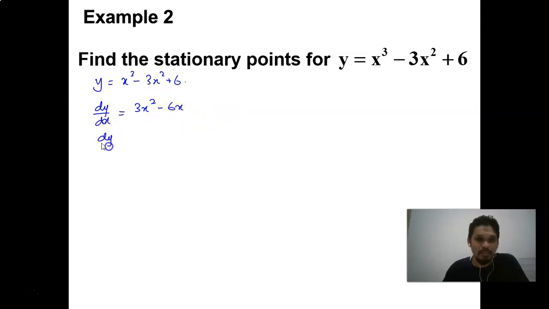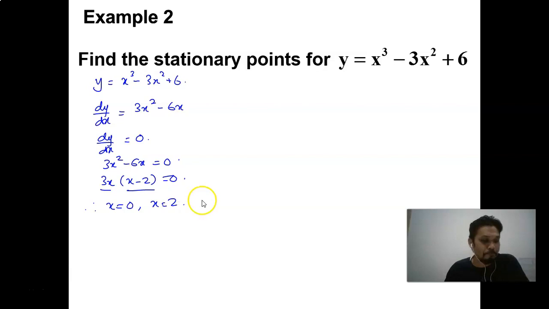Let's make dy/dx equal to 0. 3x squared minus 6x equals 0. Factorize this, then we come up with 3x(x minus 2). From these two, we come up with the conclusion that x equals 0, then x equals 2.